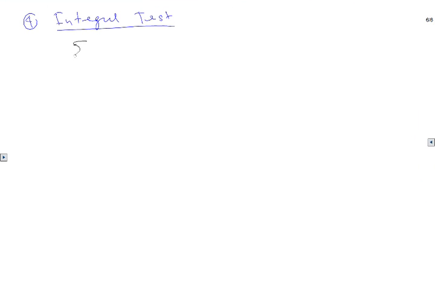You have a series sigma a n, and your n-th term is given by a function. When you plug in n equals 1, you get the first term, n equals 2, you get the second term, like that. And this function has 3 properties.